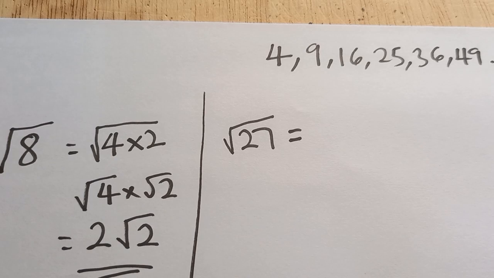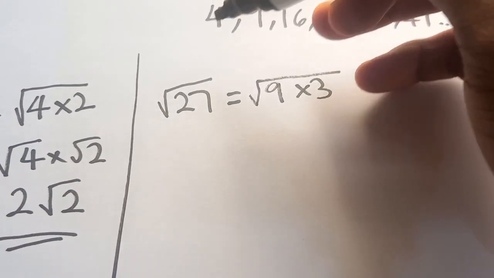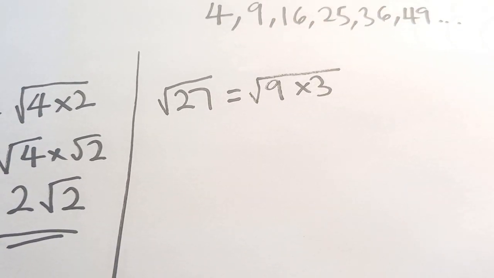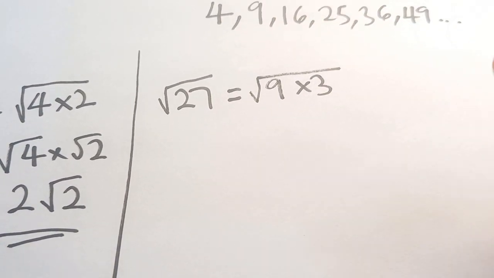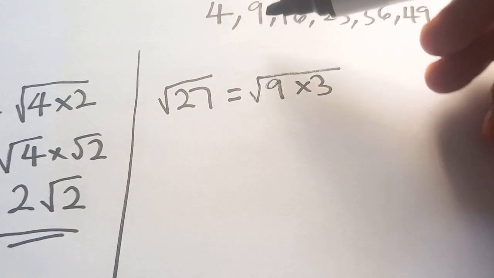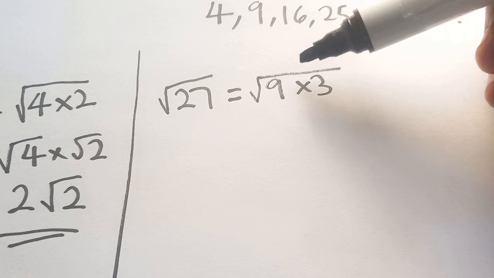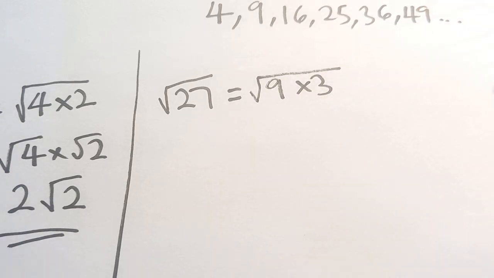The square of 2, square of 3, square of 4. By having these numbers in mind, we can ask ourselves the number by which we multiply 2, 3, 4, 5 to get the number. So by multiplying 3 with 9, we have 27.